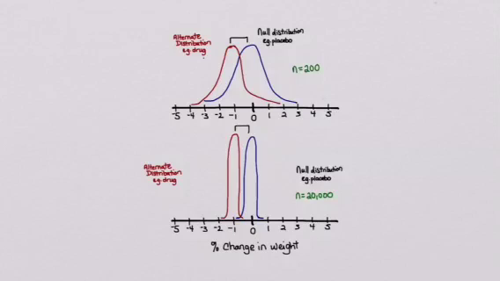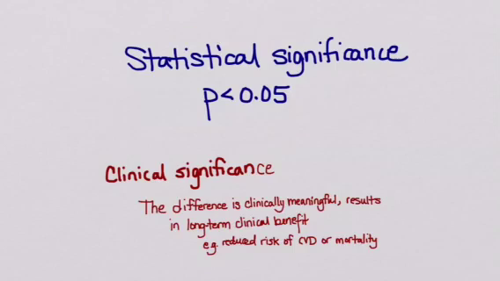Well, there may not be any clinically meaningful impact of that small change in weight. And therefore, even though this drug is statistically significantly different from a placebo, it's not clinically significantly different from a placebo. So the effect is statistically significant, but not clinically significant.